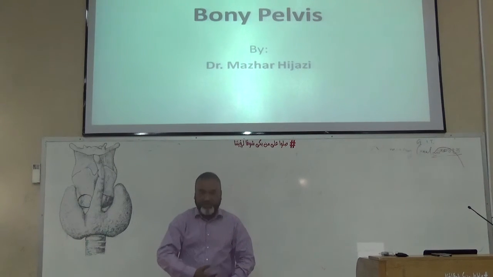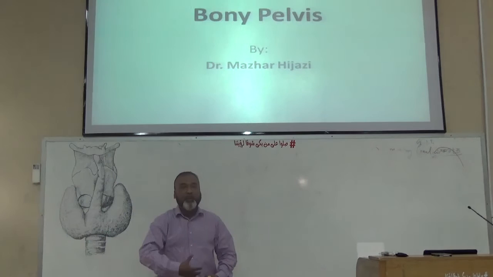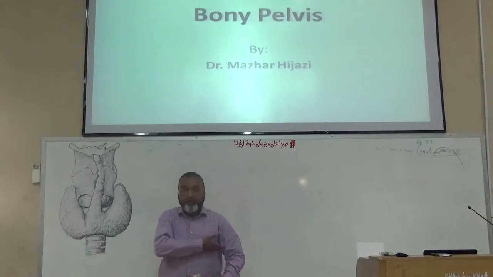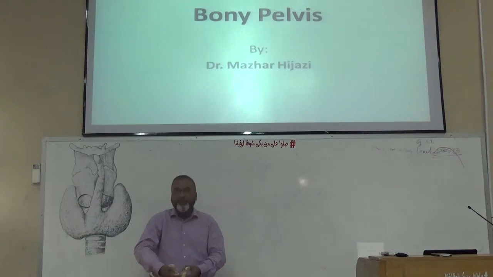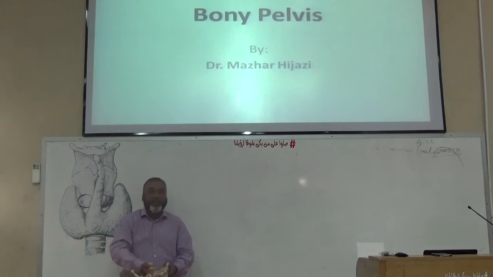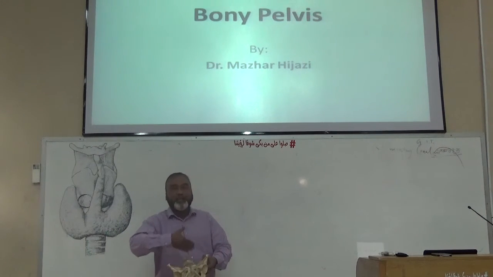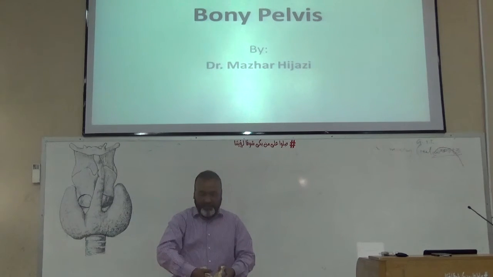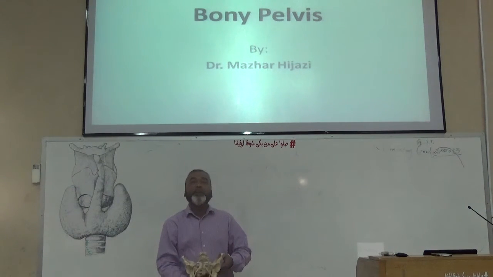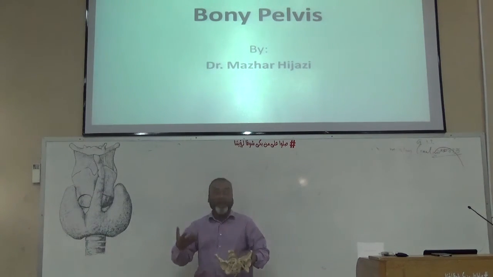So this part is named the abdominopelvic cavity. Just as a diaphragm separates the thoracic from the abdominal cavity, there is another diaphragm which separates the pelvic cavity, that is the true pelvis. Below we have a part named the perineum.